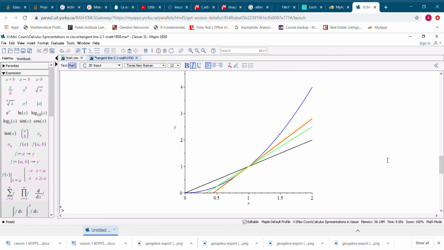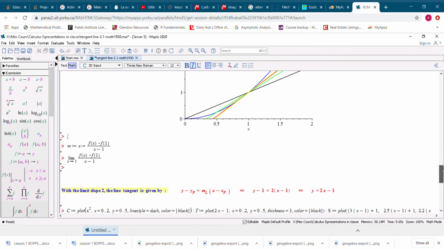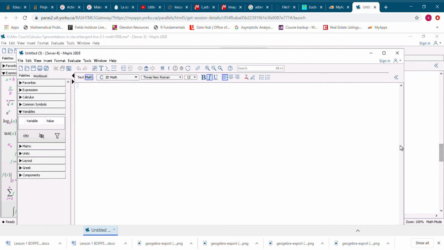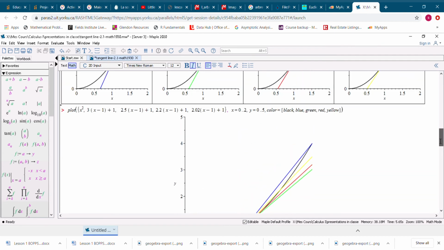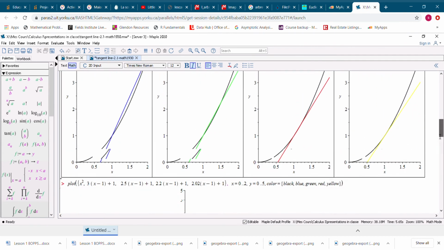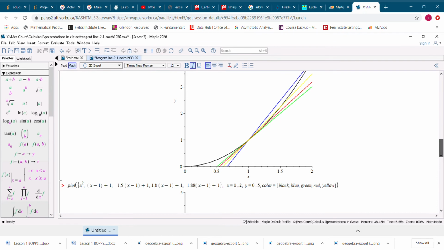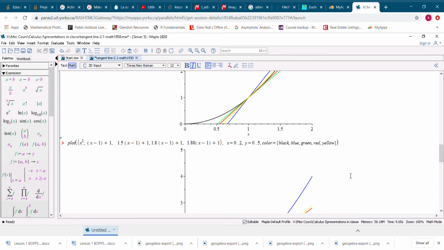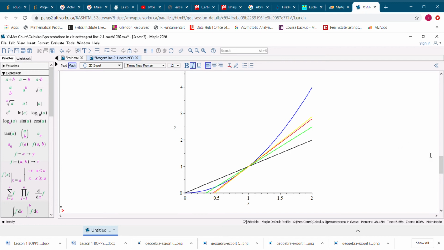And now what I did here, I grouped them and graphed them again.